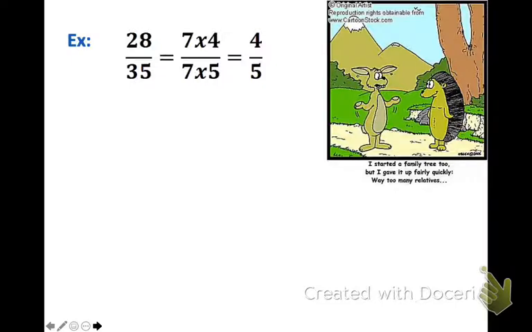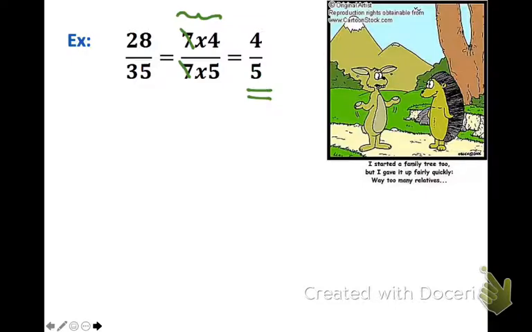But what I did here is I factored it just to show you the difference between numbers and expressions. Because 7 times 4 is 28 and 7 times 5 is 35, we can cancel out the 7s once we turn it into multiplication, and we get an answer like 4/5.